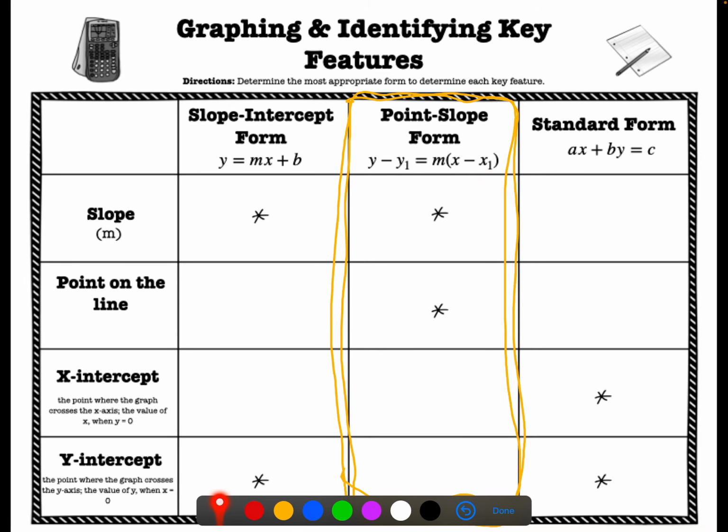Note that x1 and y1 represent points on a line, and m, of course, represents the slope. So you see stars under point slope form, under slope and point on a line, because it's easiest to find the slope and a point if we have point slope form.